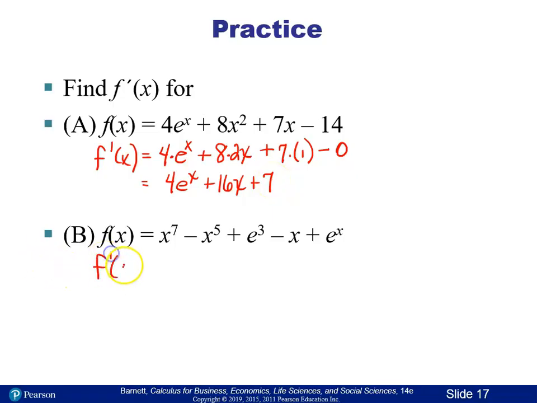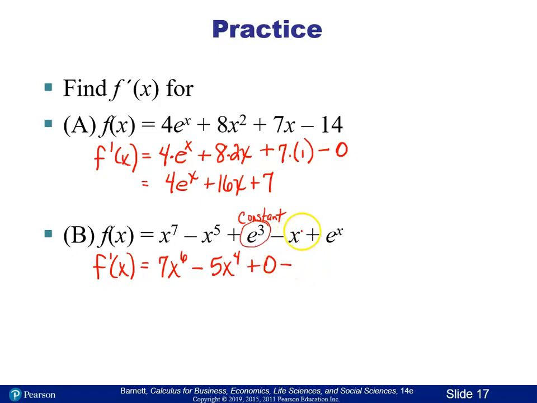All right, the next one. If we take the derivative, this is the power rule, so this is going to be 7x to the 6th. Another power rule, so 5x to the 4th. This one we've got to be careful about, because e is a constant and 3 is a constant, so all of this is just a constant. And we saw up here that the derivative of a constant is 0.